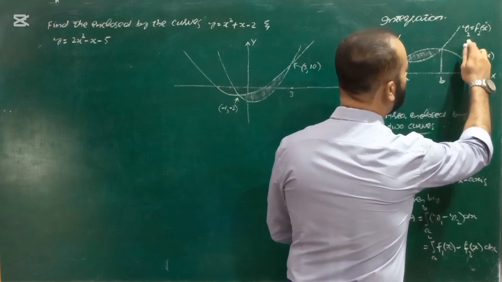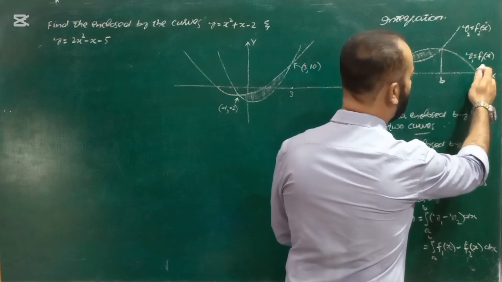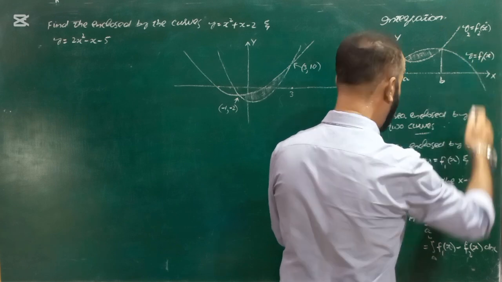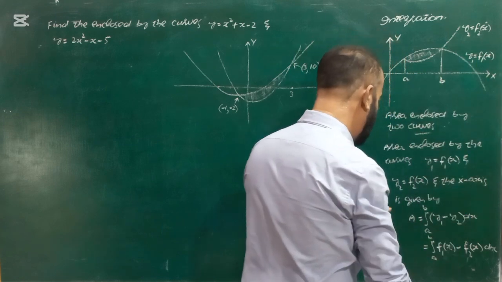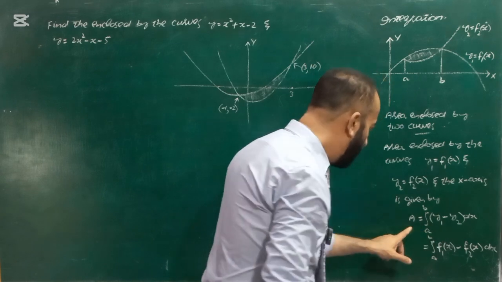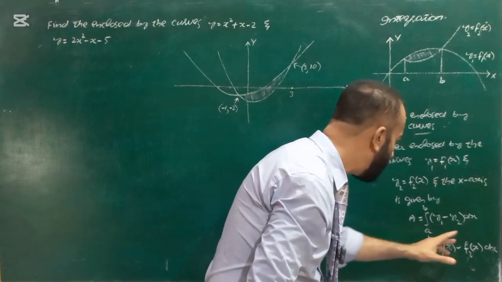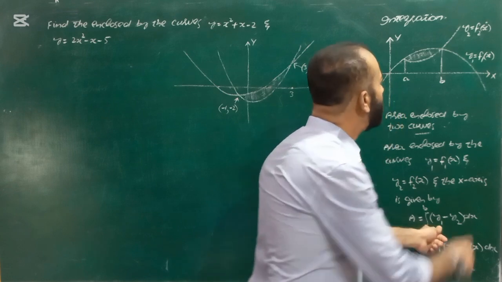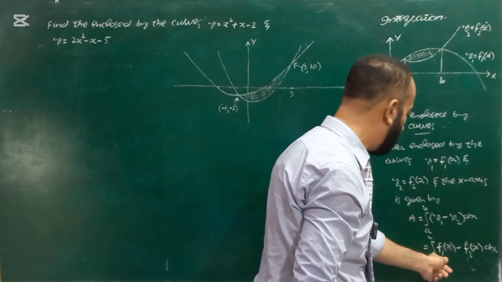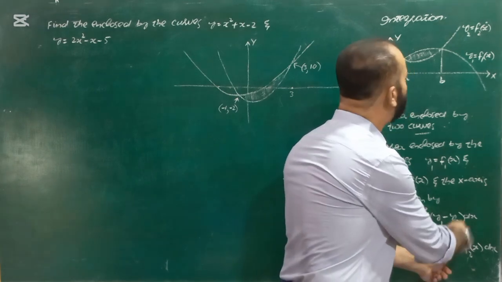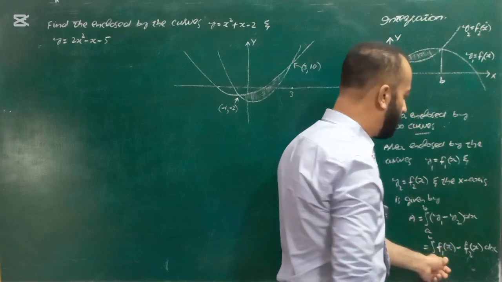And this area is given by A is equal to the integral of y1 minus y2 into dx. Because y1 is equal to f1 x, that will be placed in place of f1, and y2 is equal to f2 x, that is placed in place of f2.